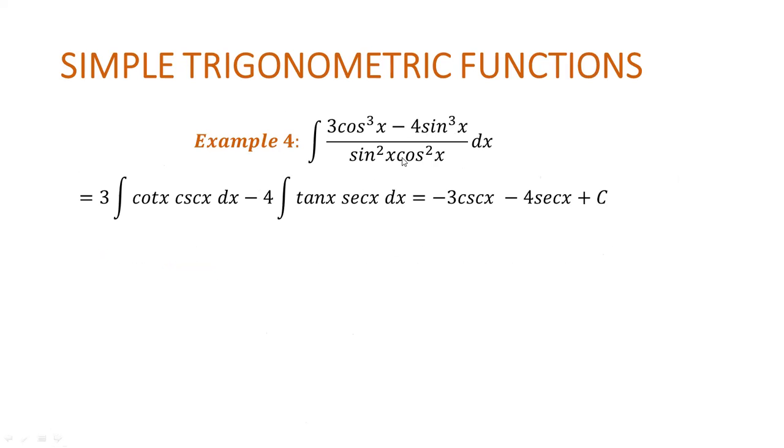So your cosine squared x paired with your sine squared x would be, what is remaining here is cosine and sine.